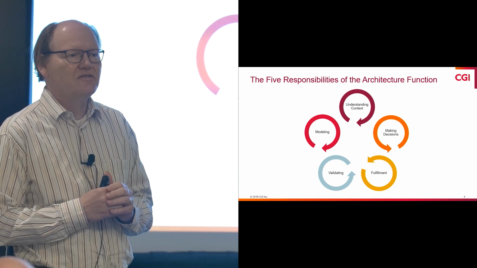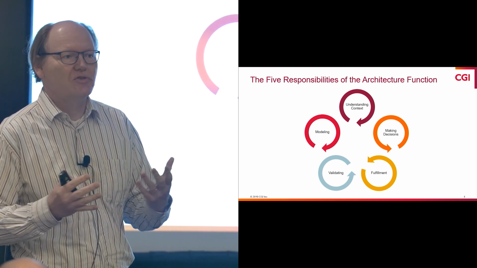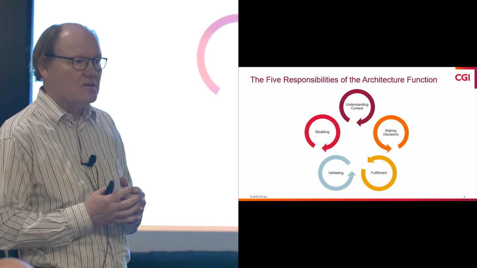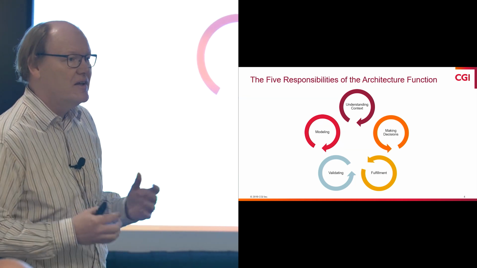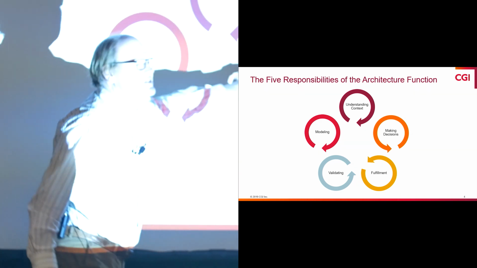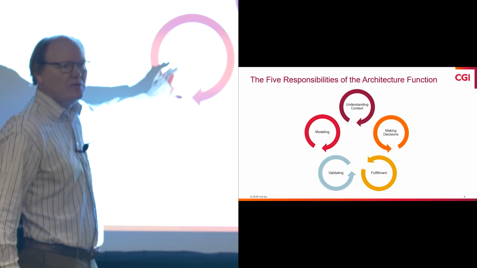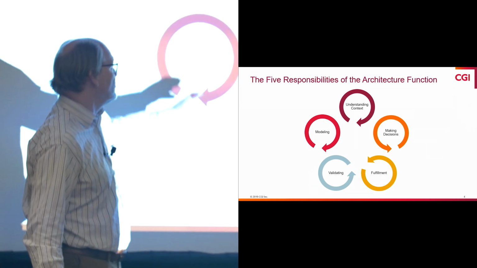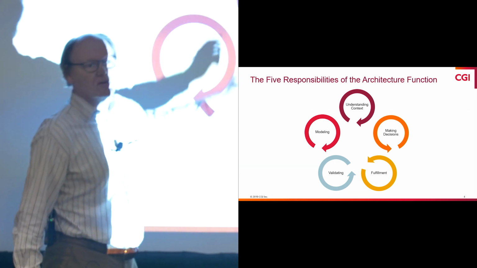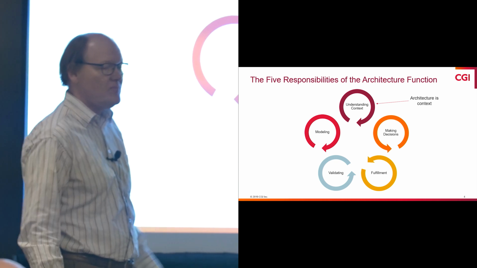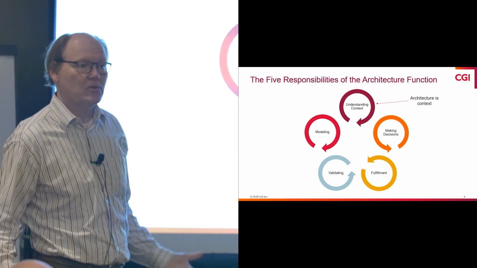But all organizations that are designing and producing software-intensive systems need to do architecture, or at least what we call architecture. And that means that they have to somehow make decisions that lead to models, and that are fed by models. And in order to be able to do that, they have to understand the context of what they're doing, because architecture is context.